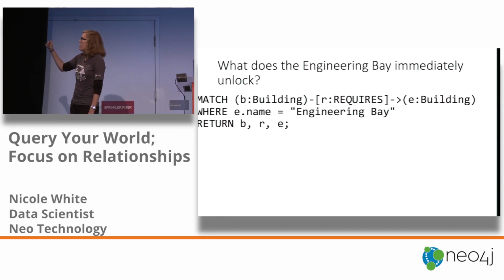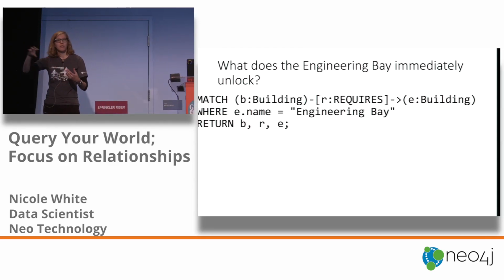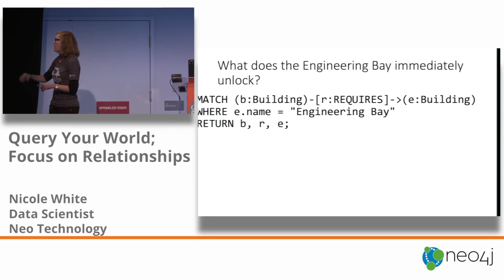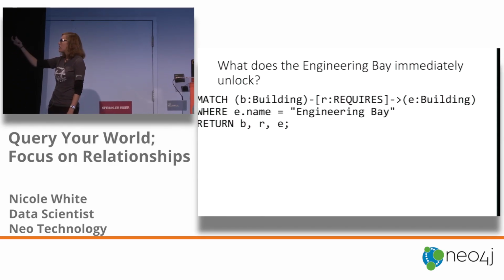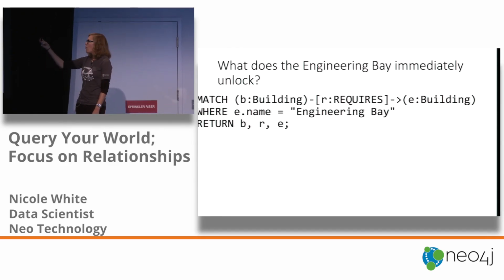So here, in the previous queries, we were matching on buildings building units. Now we're matching on buildings requiring other buildings because we have requires relationships between both buildings and units in buildings. So here on both the left and right, we're using the building label. And then we're saying that the name of this node has to be engineering bay.